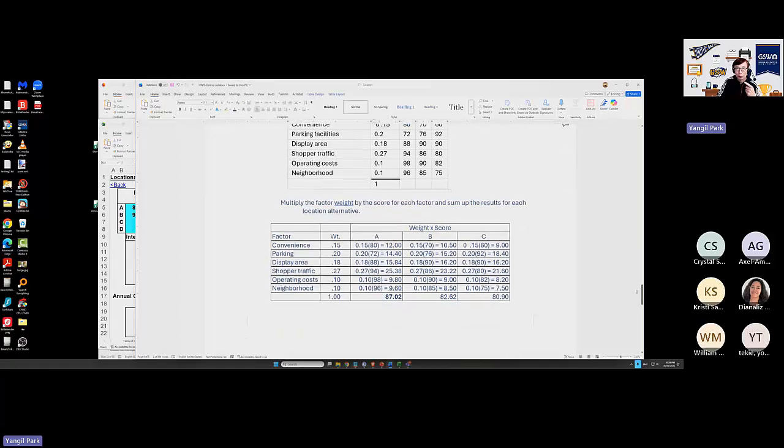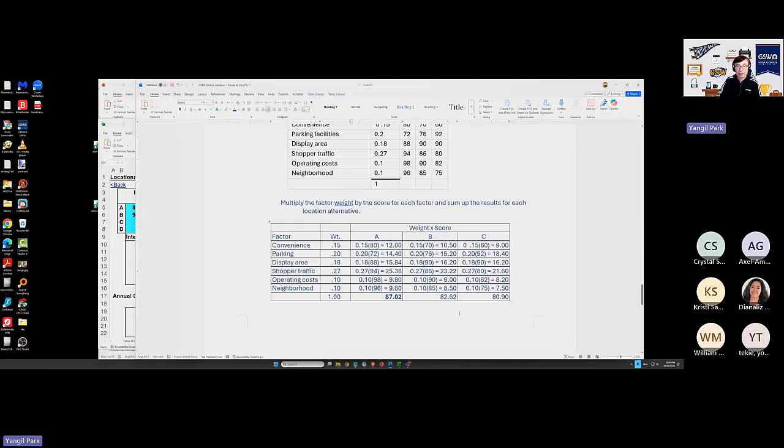Then you compare those scores. So that's what I have here in terms of calculating those scores. Then you add them up for location A, and again location B, location C, and then compare which has the highest score.